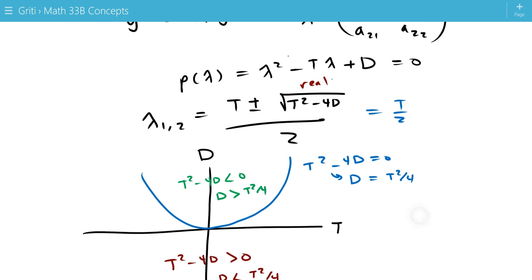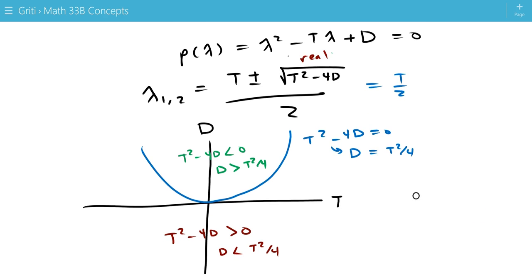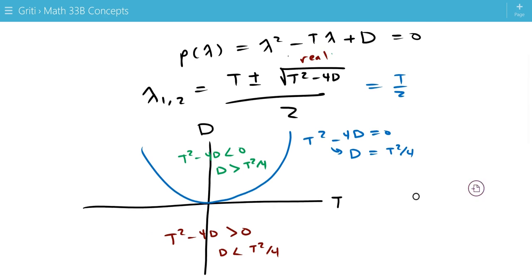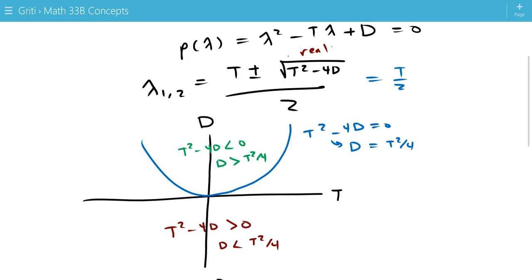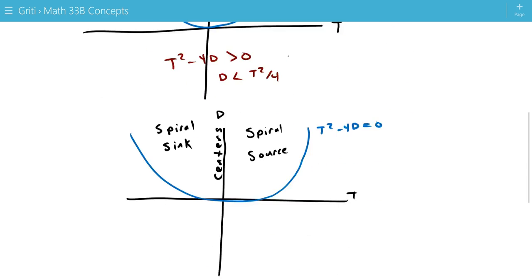And if our determinant was negative, that means this part was very large, or this part dominated, and we got a saddle.